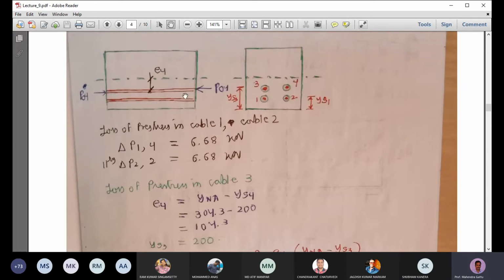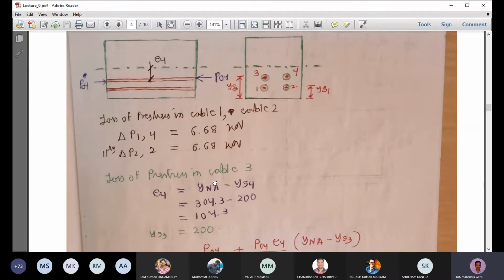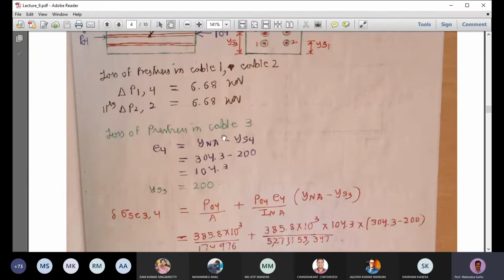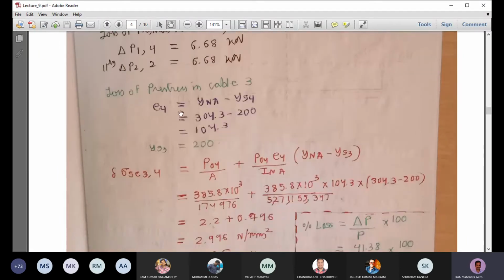However, if you want to find the loss of pre-stress in cable 3, here the eccentricity of the cable is E4, and the distance of cable 3 from the neutral axis will be y neutral axis minus ys3. So there is a small change. So the eccentricity of cable 4 is the same, 104.3, and the distance of cable 3 from the soffit is 200.